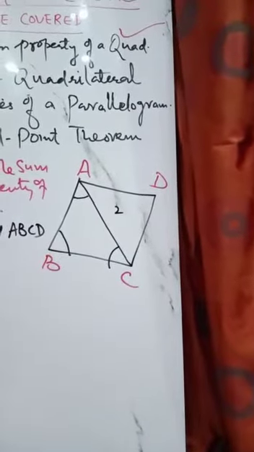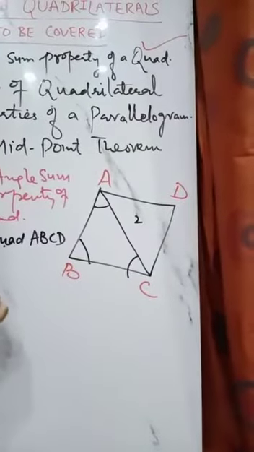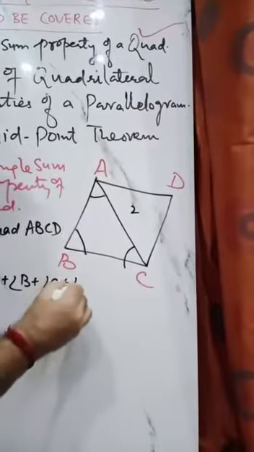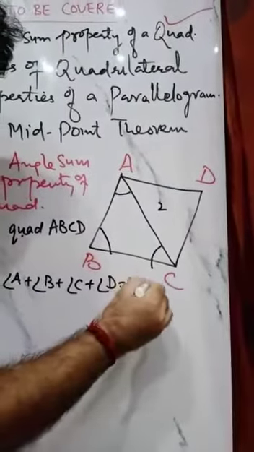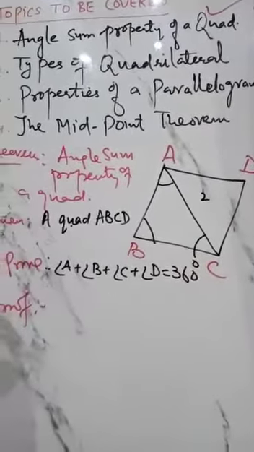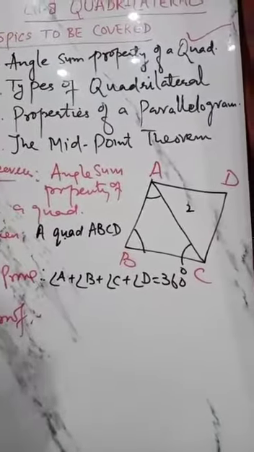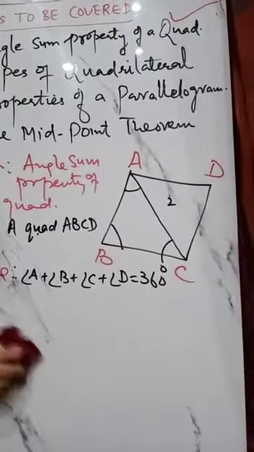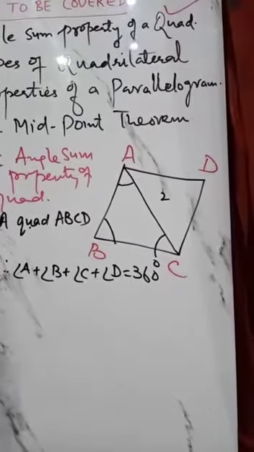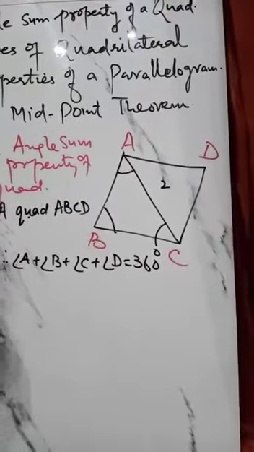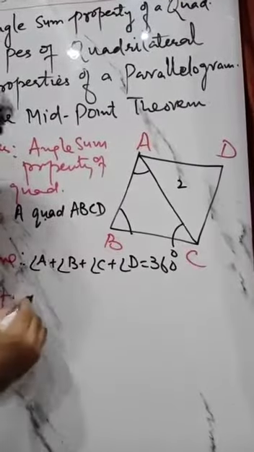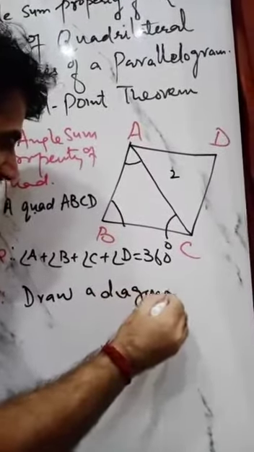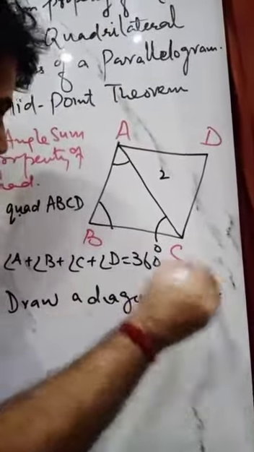To prove: angle A plus angle B plus angle C plus angle D, the sum of these angles, is 360 degrees. Here we have drawn a diagonal AC, so we must write the construction: draw a diagonal AC.